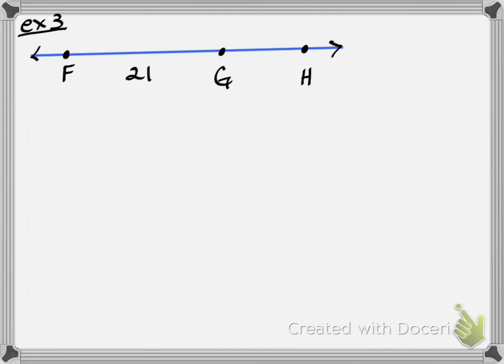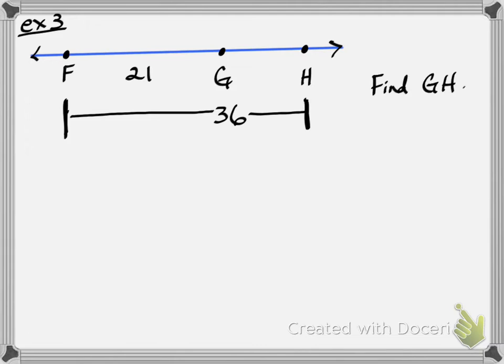So you know F to G is 21, and then they have this bracket here, like this. And if you notice, this end point of the bracket lines up with this point for F. Like they line up with each other. And the end point of this bracket lines up with H. So they're trying to show you all the way from F to H is 36. And they want you to find the length of GH.